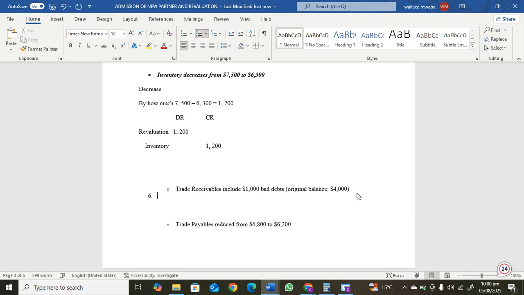Now instead of debiting bad debts like we usually do, this time we still debit the revaluation account because remember revaluation debit entries account for losses or expenses. And then you credit the trade receivables. Reduction in an asset, you credit.